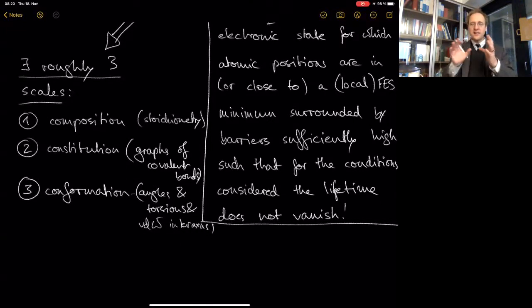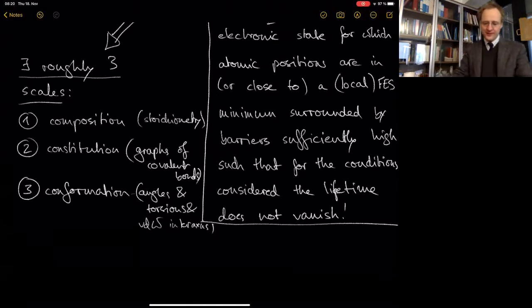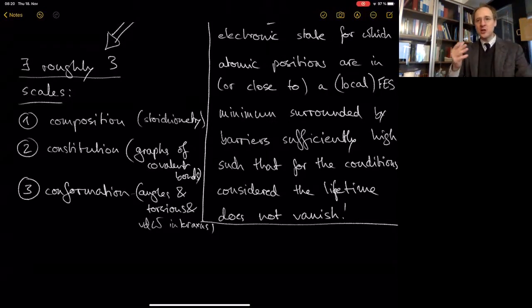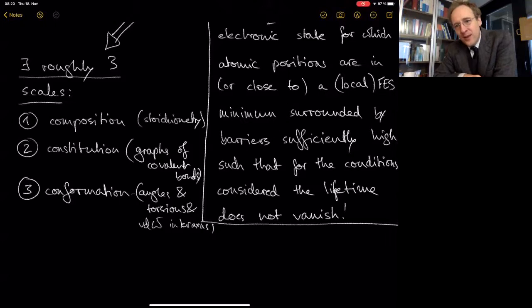So this is a rough categorization. In terms of energy scales, they can be overlapping, but roughly speaking, the energy scales differ largely. So when you change composition, you're often changing things like one hydrogen atom, which is worth half a hartree.